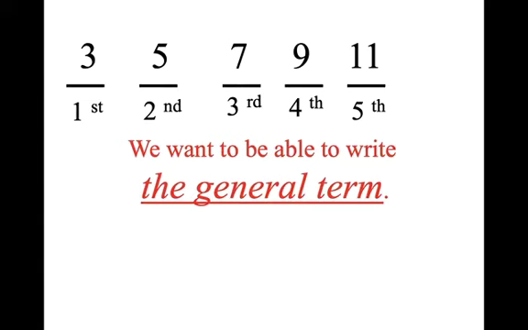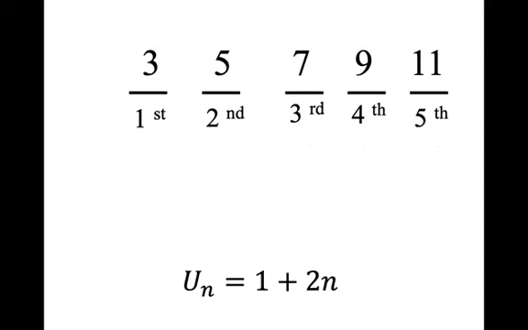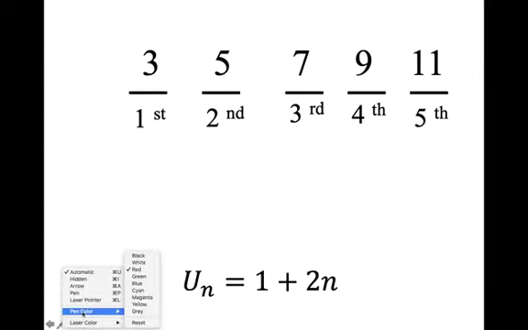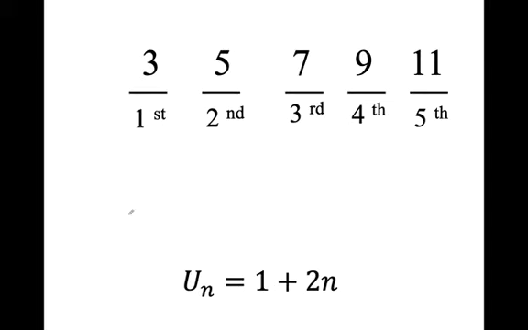So as we've seen already, we're getting used to the idea of a sequence, and we've spent a little bit of time writing what we call the general term. This is the example we had previously. We were able to figure out we're adding 2 every time as we progress, and that the initial term was at position 0.